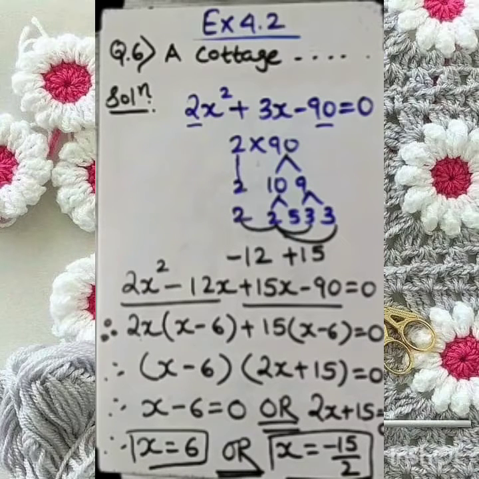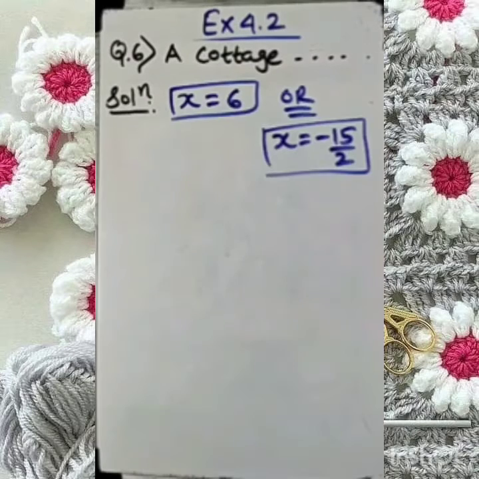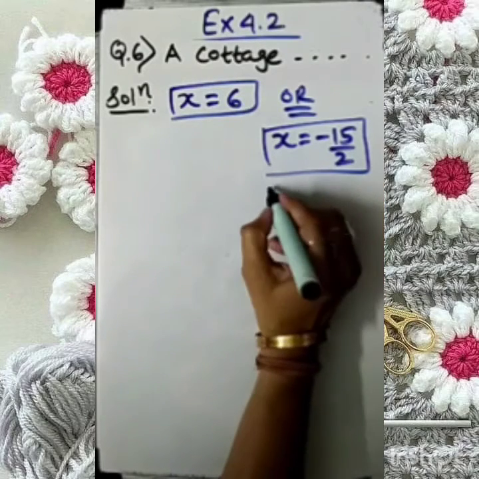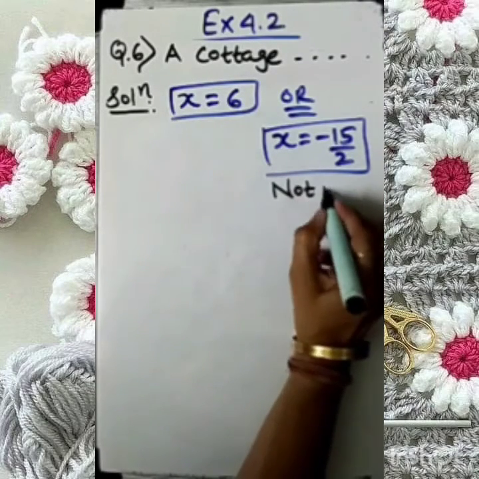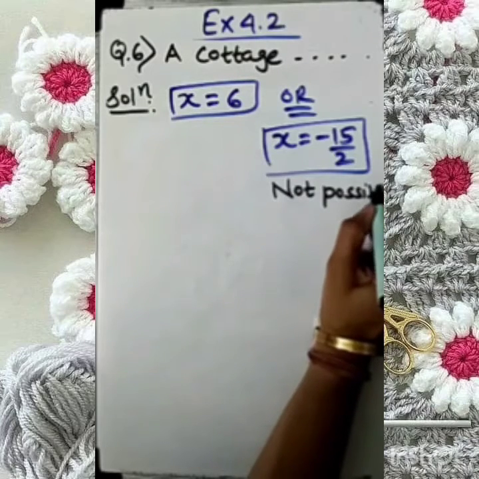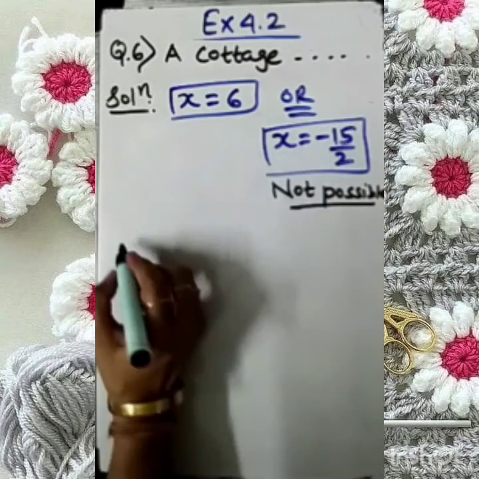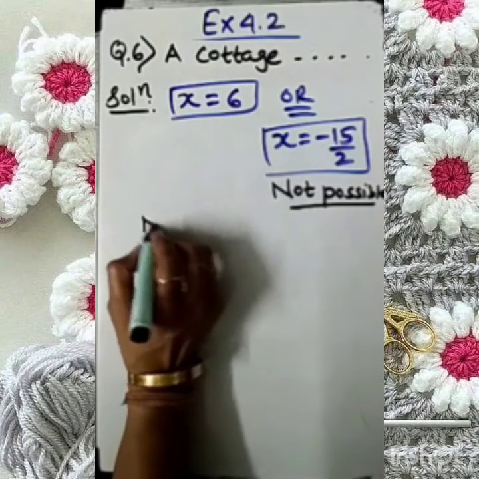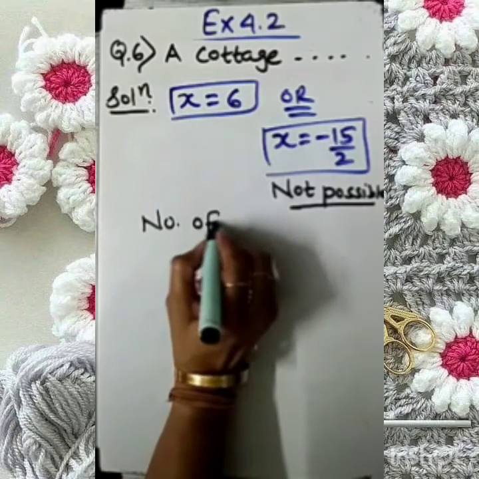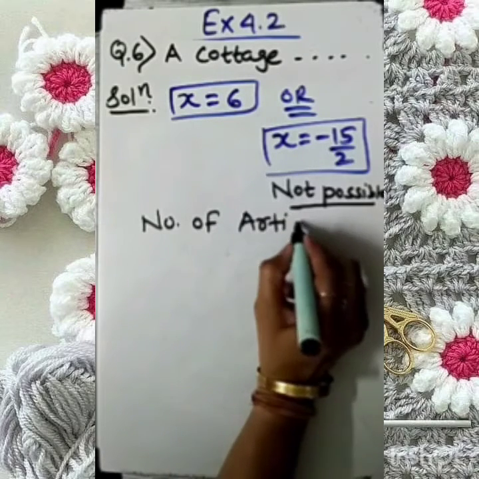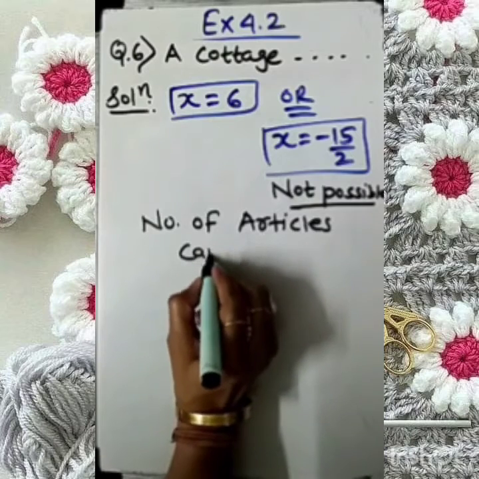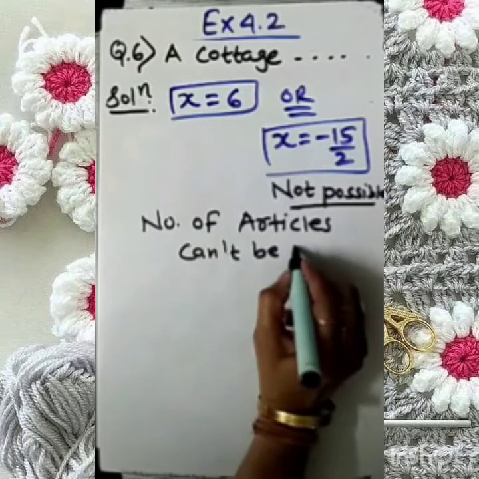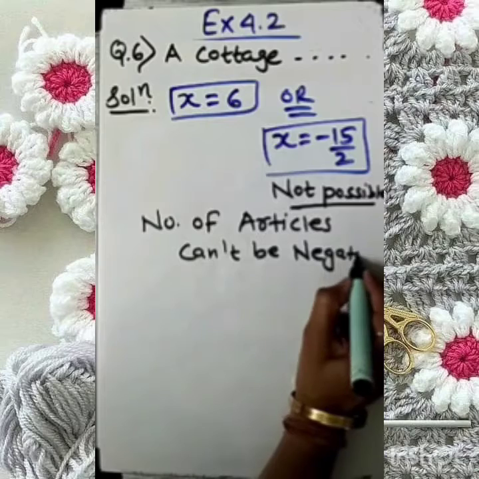Now let's justify according to the question which one is correct. So dear student, out of these two results, x equal to minus 15 by 2 is not possible. You know very well why, because x is the number of articles and it can't be negative. So we need to mention in brackets: number of articles can't be negative.